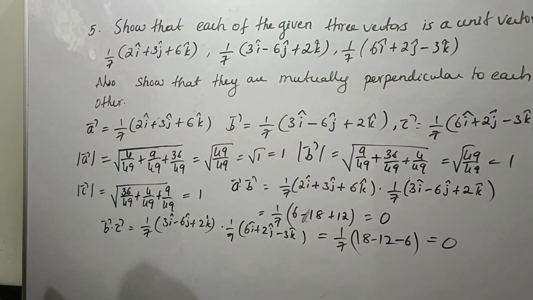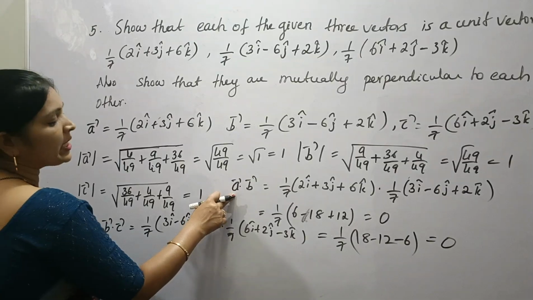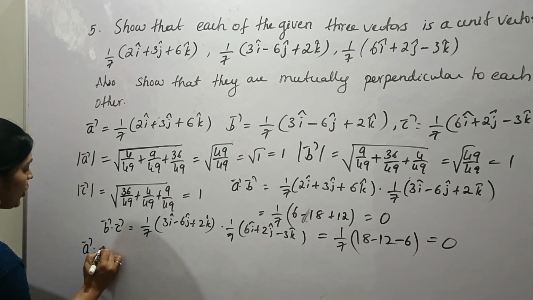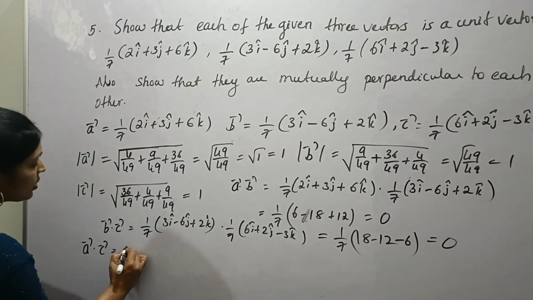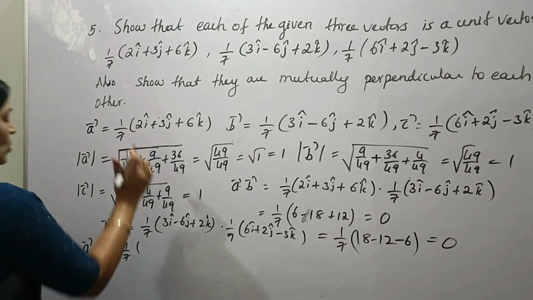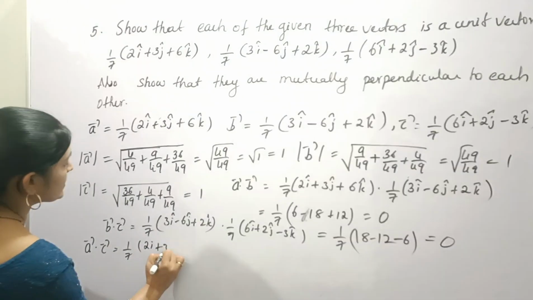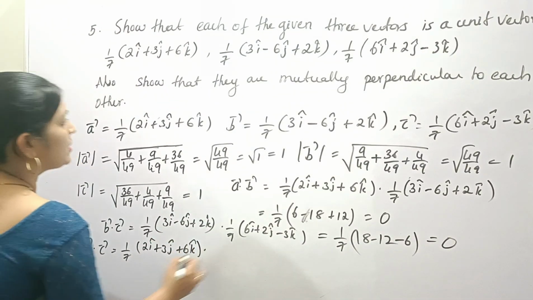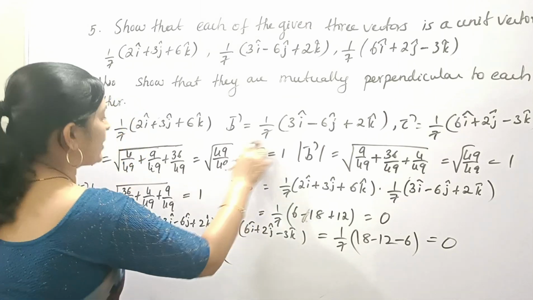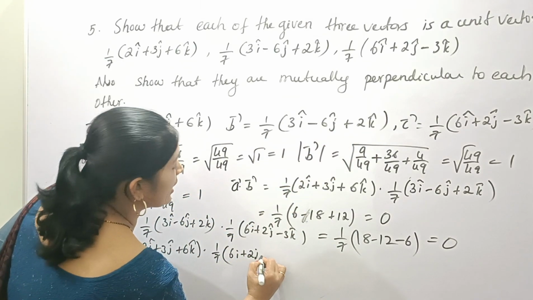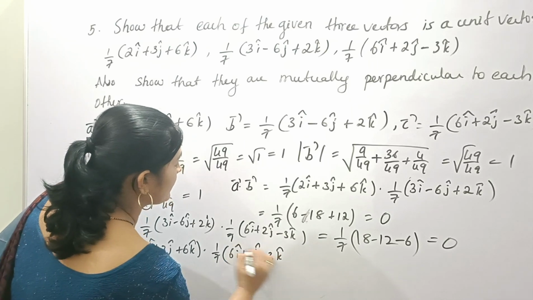Okay, perpendicular vectors. Next, we will find vector A and vector C. That is vector A dot vector C. Here also 1/7 into (2i + 3j + 6k) dot 1/7 (6i + 2j − 3k), where vector C is 6i + 2j − 3k.